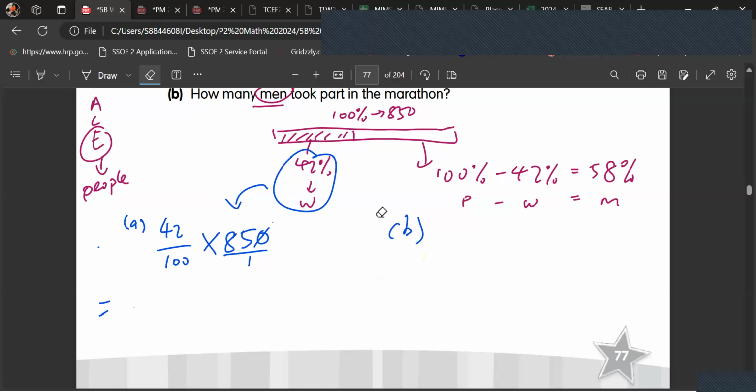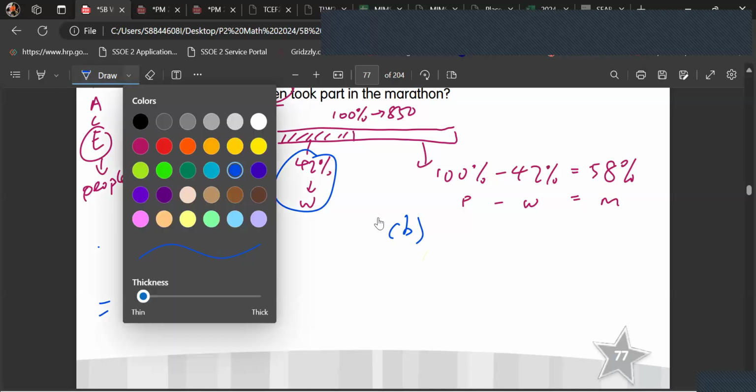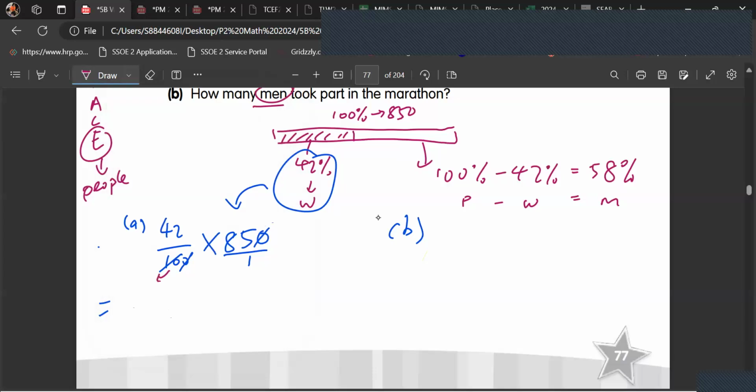Simplify. First, divide by 10. I cancel the 0. Second, divide by 5. So divide by 5, I get 2 here. This divide by 5, I get 17.